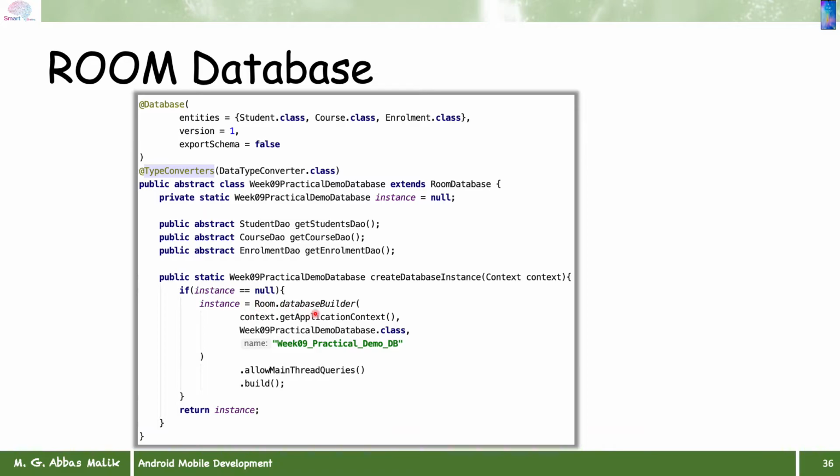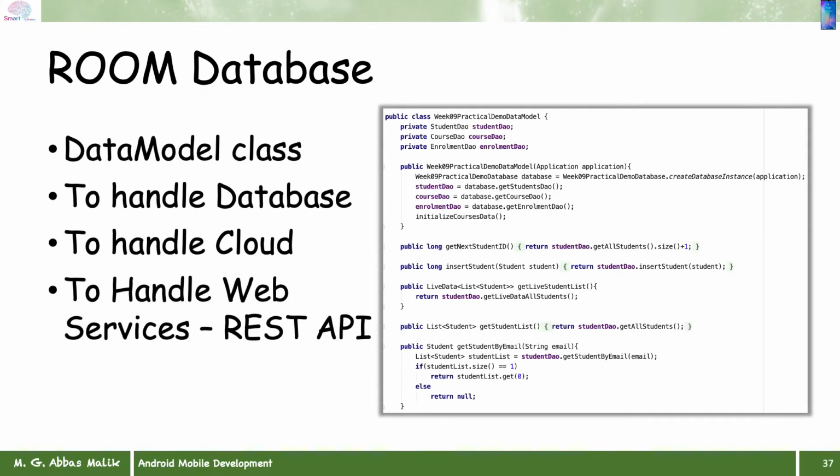If it is null, then we create a database using the context of the application, the database class and the name of the database, and we also allow main thread queries. If you don't allow that, you can't perform these kinds of operations on the main thread, or the main activity. Then we have a dot build, and we return it. Fine, so that is our database.